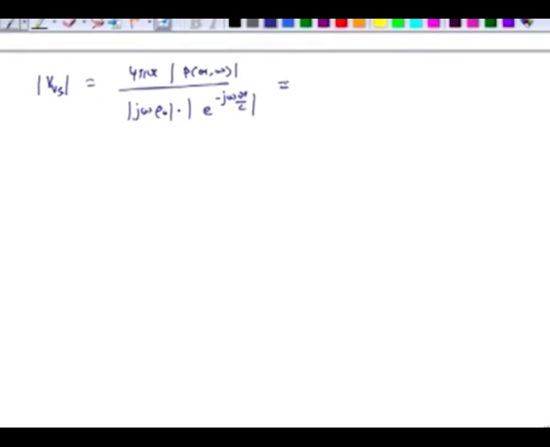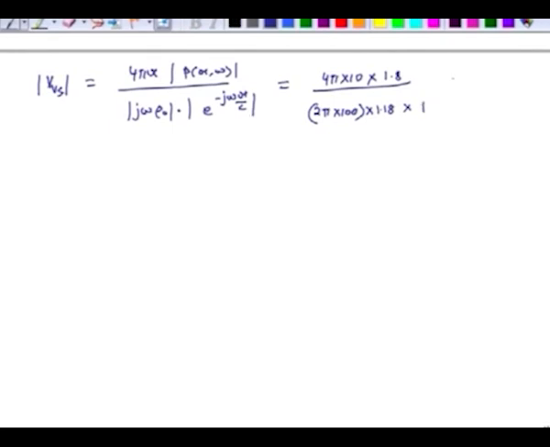So, r was 10, so we calculated 4 pi times 10, and the magnitude of the pressure is 1.8, divided by magnitude of j omega rho naught, which is 2 pi times 100 hertz times density, which is 1.18, times magnitude of e to the power minus j omega r over c, which is 1.